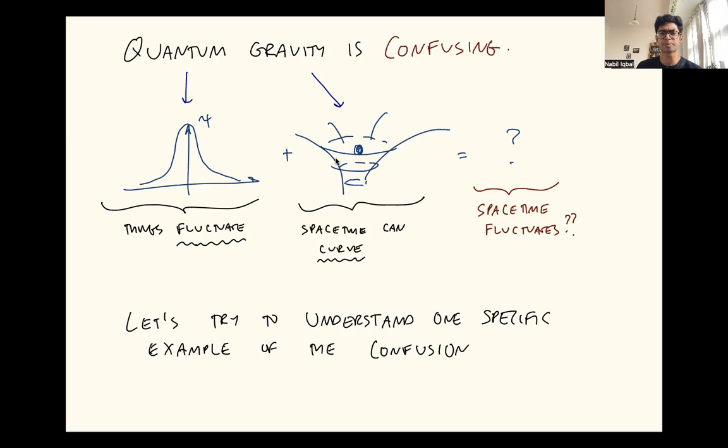So if we know that space and time is a degree of freedom, and if we know that degrees of freedom fluctuate, then the combination of these two things would tell us that the fabric of space and time itself will fluctuate. And this is just basically kind of a confusing idea. What does it mean for space and time to fluctuate? What is really going on? So this is basically why quantum gravity is so confusing. And I now want to try to understand one very specific sharp example of this confusion.